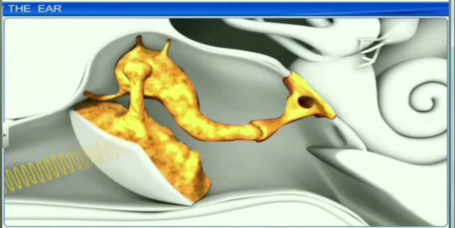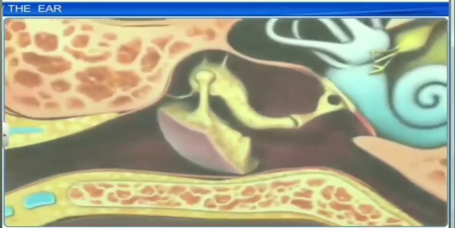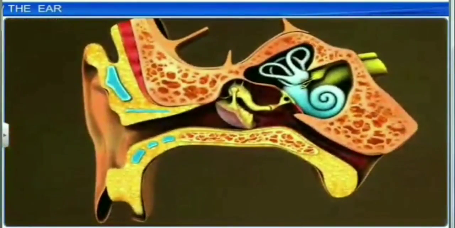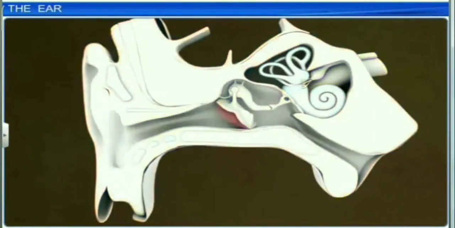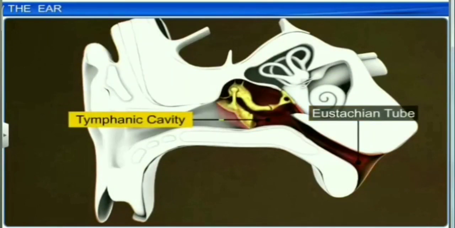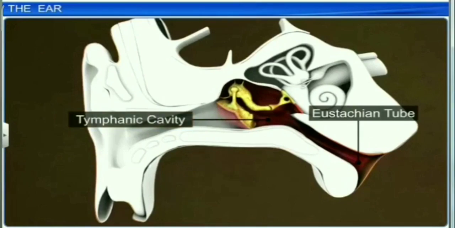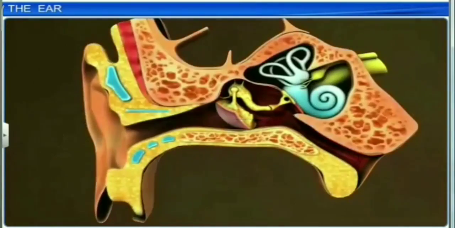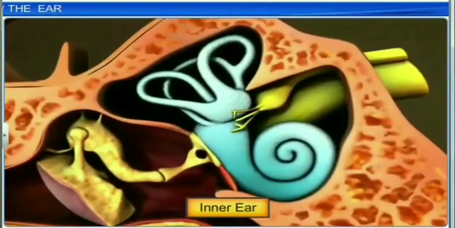It contains a short eustachian tube that connects the middle ear to the pharynx. It equalizes air pressure on both sides of the eardrum.